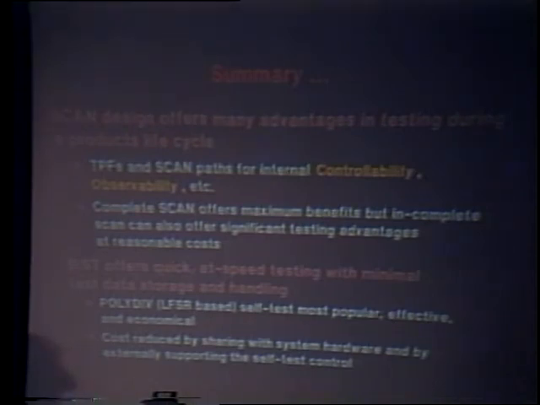A complete scan design offers maximum benefits, but incomplete scan design can also provide significant testing advantages at reasonable costs. Built-in self-test offers quick at-speed testing. Remember, with scan we can do only static test. We have to shift in and shift out between the system operations.